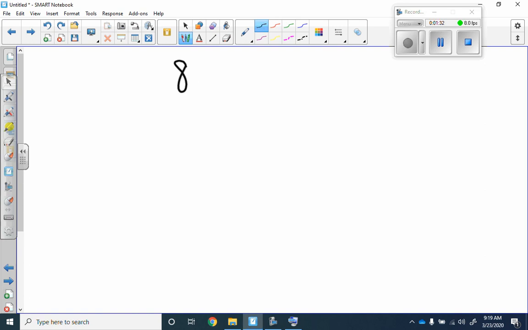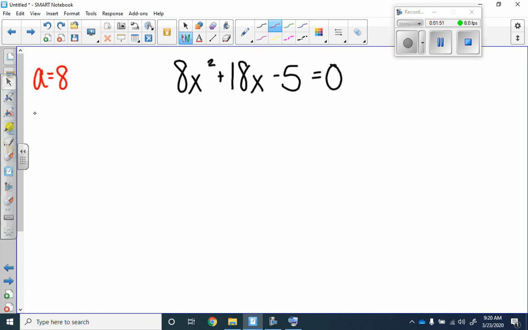So let's say you have 8x squared plus 18x minus 5 equals 0. The good news here is that it's equal to 0, so I don't have to move anything around. I can see here that my value of a is 8, my value of b is 18, and my value of c is negative 5.